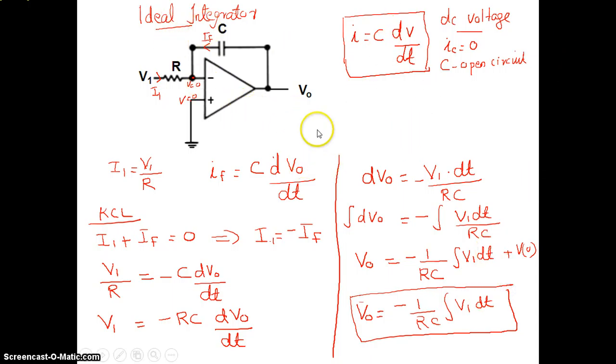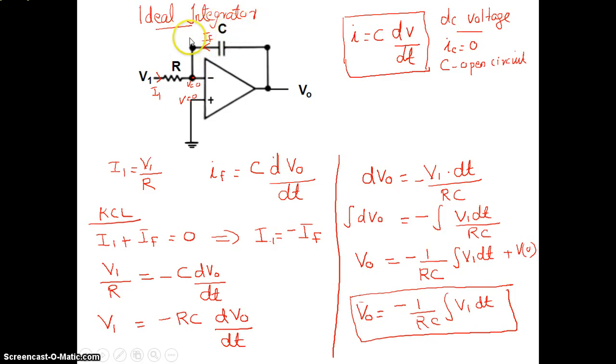The problem over here is if the input voltage we are applying has a low frequency. For a low frequency input voltage, what is the action of a capacitor? For a DC voltage, the capacitor is an open circuit. Of course, open circuit means it will offer a very high impedance. So when a low frequency comes here, the capacitor impedance will be very high.